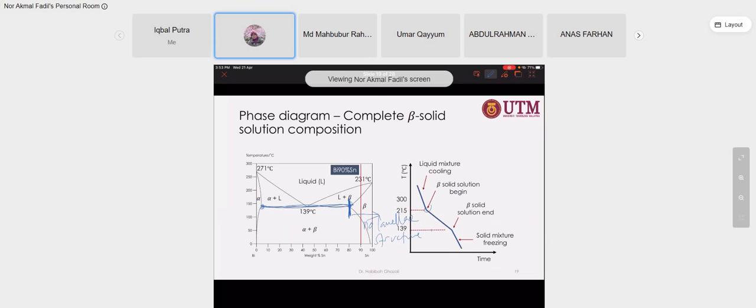So between this point and this point, you can obtain a single phase of solid. After this point, where is it? This point, 139 degrees Celsius. No, not 139.